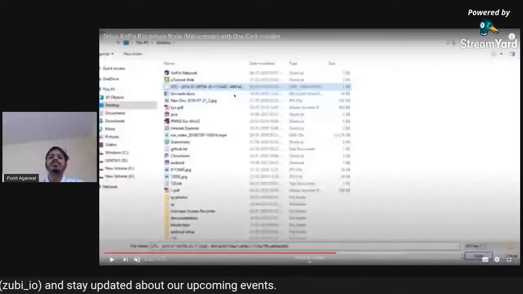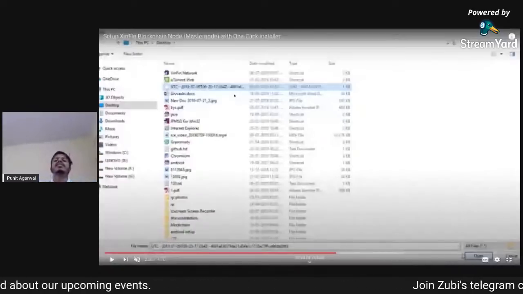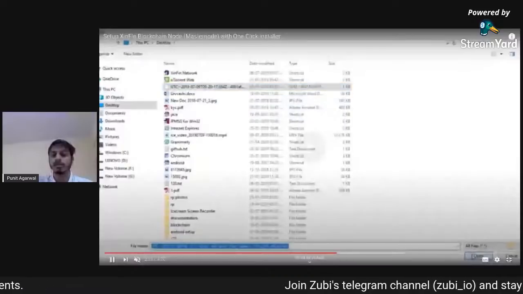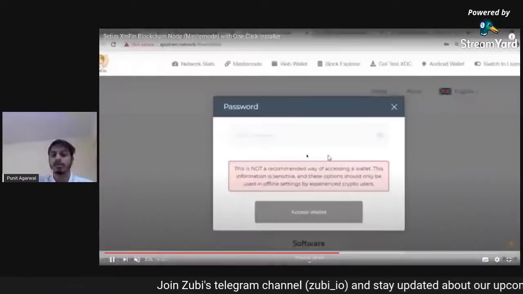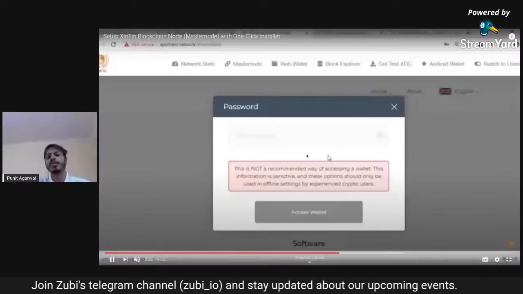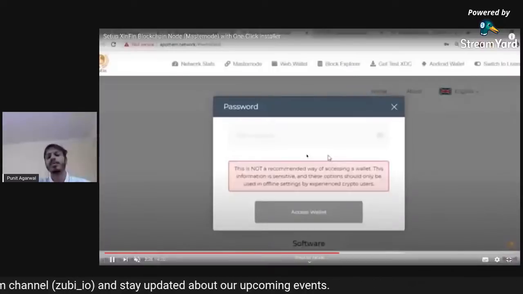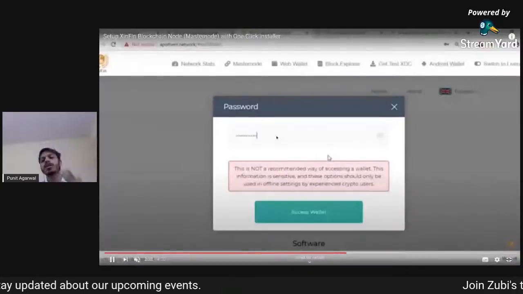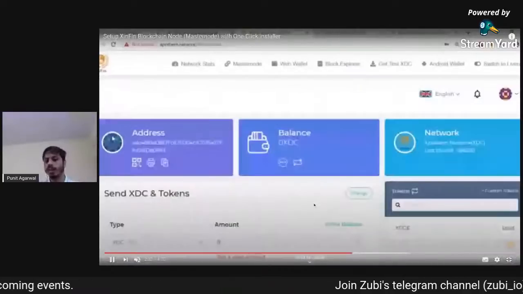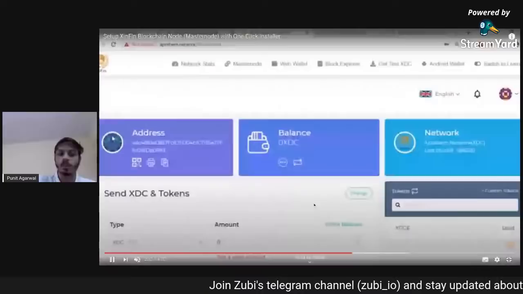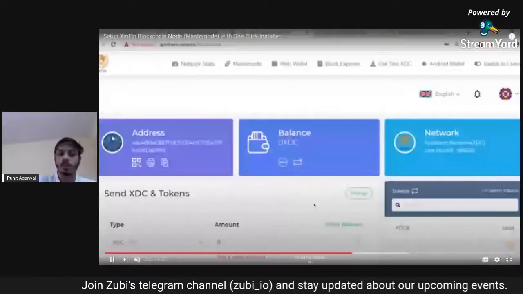This file is called a keystore file, and using this file, I can access. I have to enter my same password. Make sure that you are setting up a strong password, and through this I am accessing the wallet. So now I can access the wallet, where the address is an XDC address and the balance is 0.